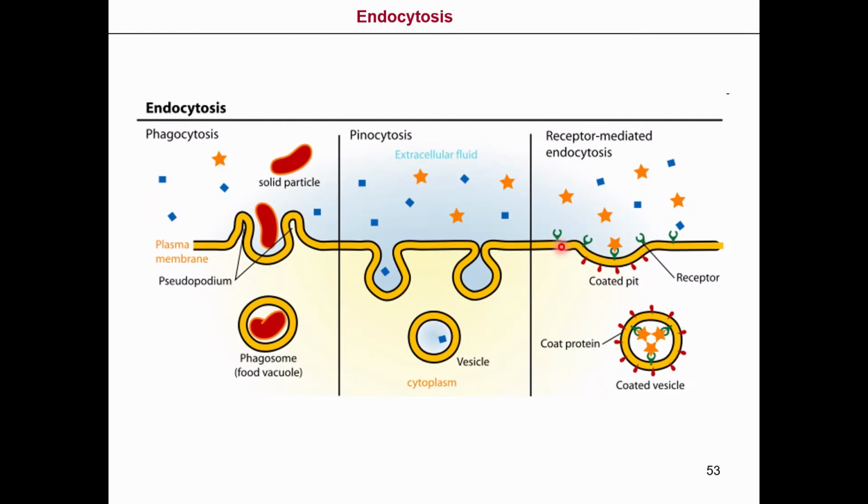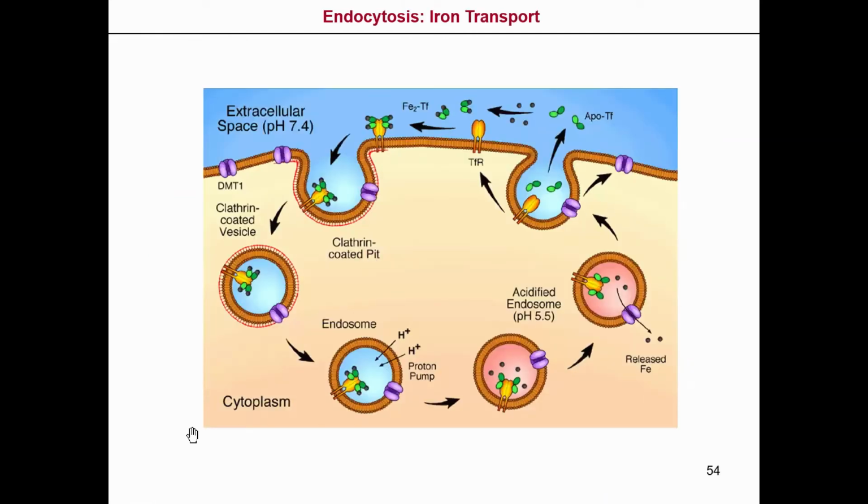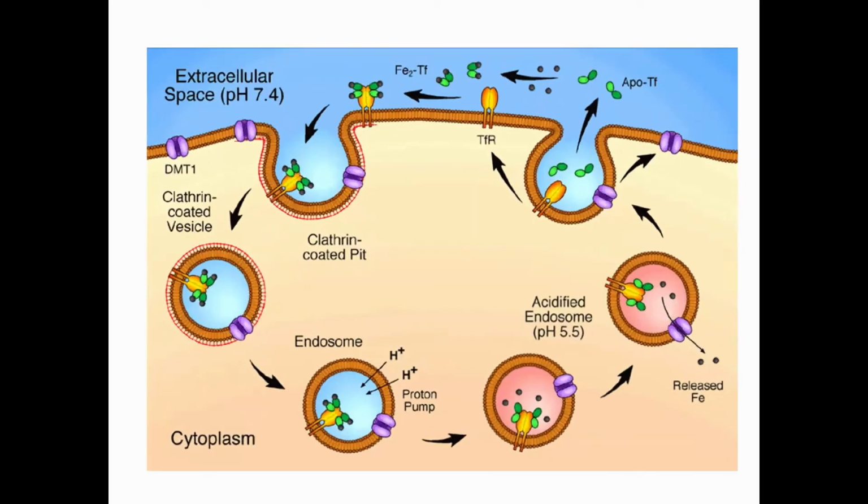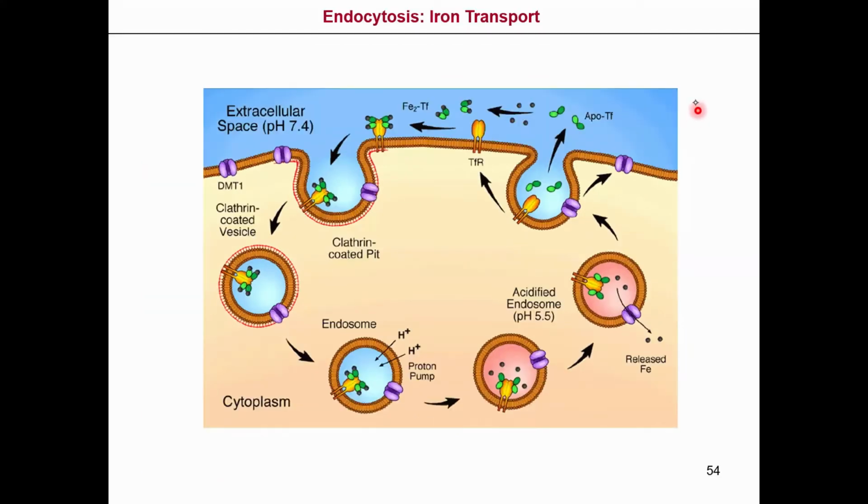And you have also something which is specific, called receptor-mediated endocytosis. For example, the transport of iron. It's iron 3, ferric iron, so it cannot be transported in the membrane without any proteins. Also, ferric iron is insoluble in water.